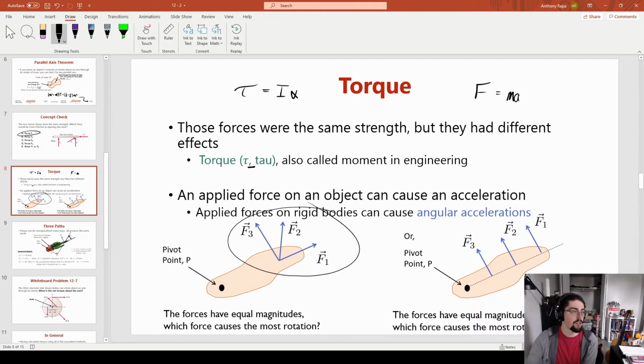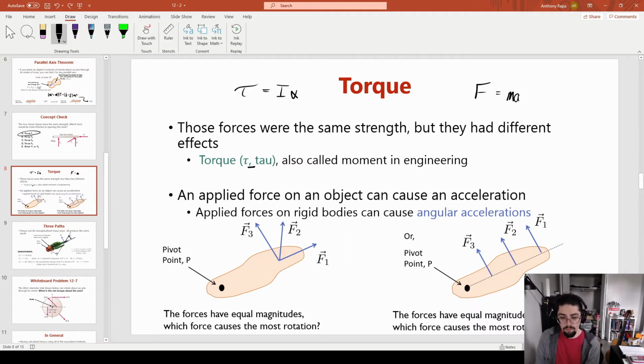Which one is doing the best job at actually rotating this object? Force 3, I'd agree. What about this object over here? Which one is doing the best job at rotating this object? Force 1, exactly. The longer your lever arm, the more force you can apply, the more torque you can get.